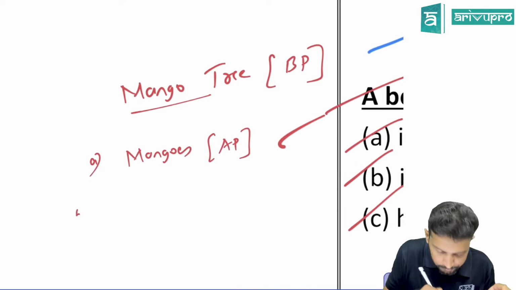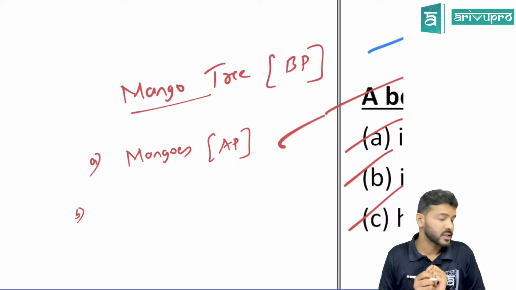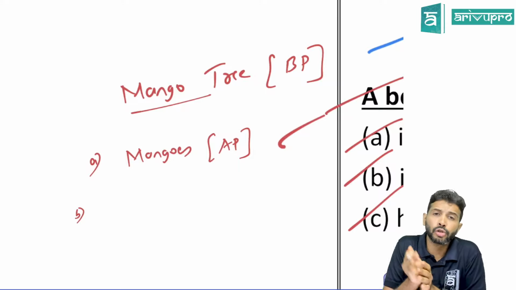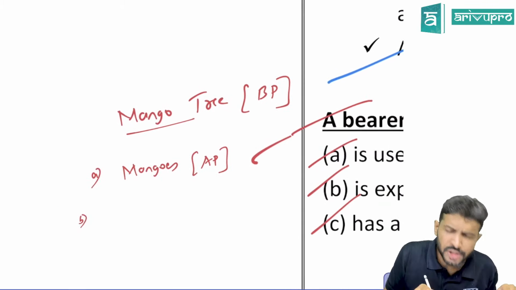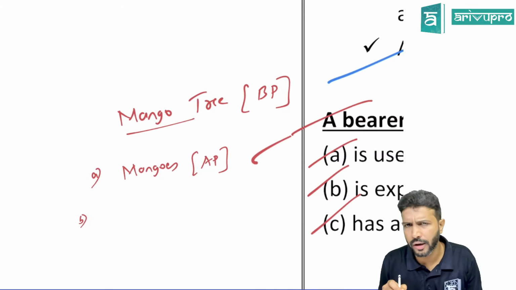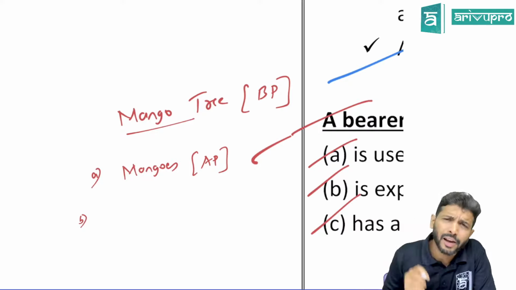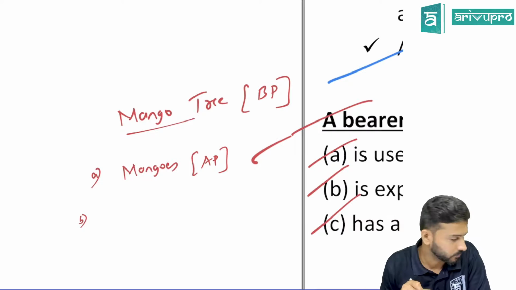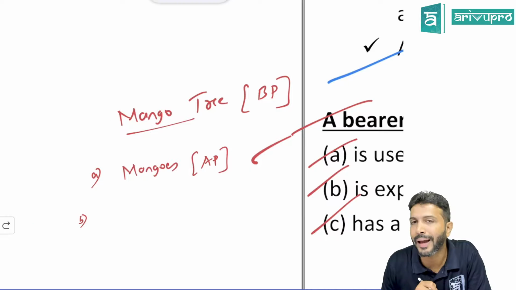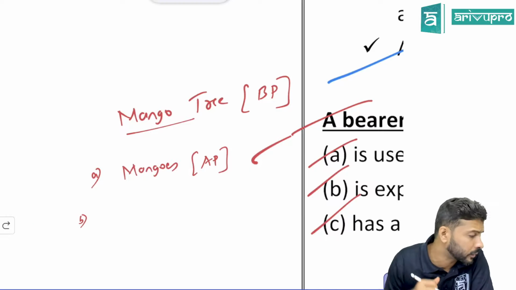So let's move on. The second criteria says it should bear the produce for more than 12 months. Meaning, this farmer who has planted this mango tree will get mangoes for only 1 year or for more than 1 year.